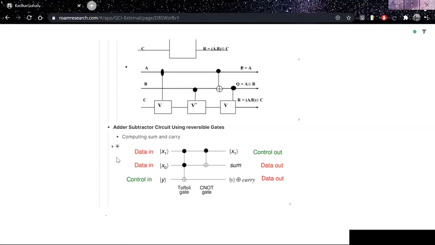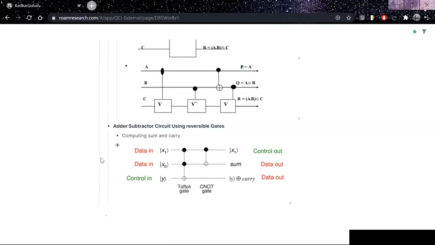The quantum cost of this whole half adder circuit would be, for a CNOT gate the cost would be 2, and for a Toffoli gate it will be 5. So the whole quantum cost here would be 7.